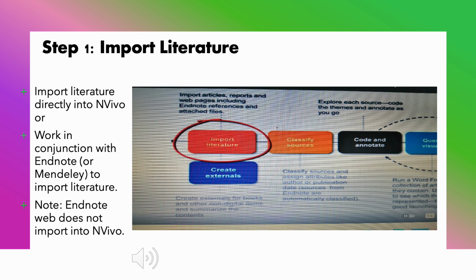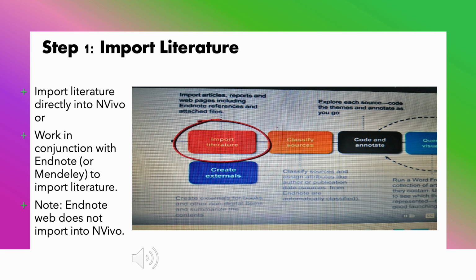We would then look at coding and adding the literature and how we would then query the results, such as running word frequency, for instance, on the data, and we'll also look at the creation of externals.